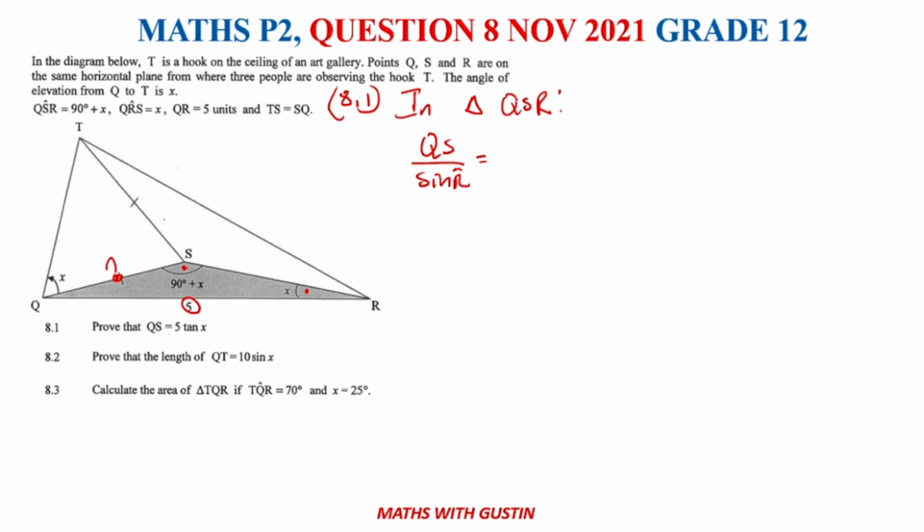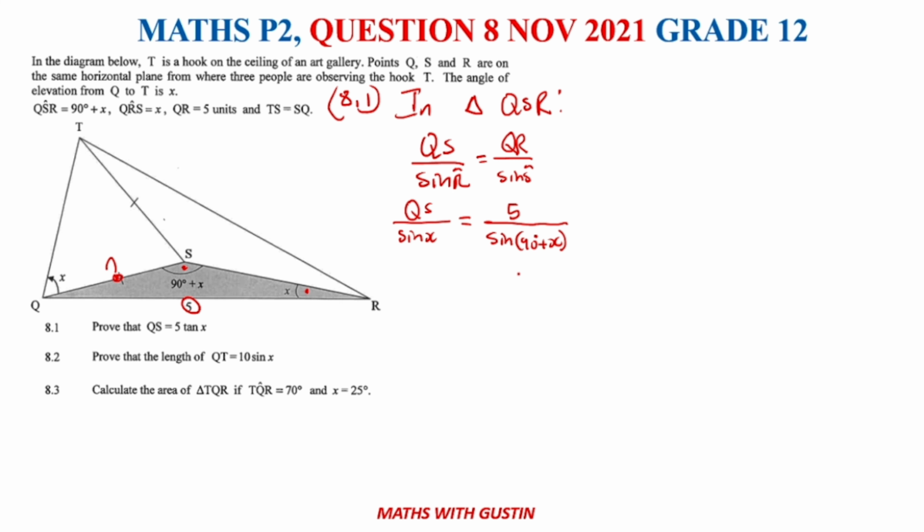We've got a side and also an angle. We've got a side here, 5 units, and angle S. So therefore we can say QR over sine S. Now let's substitute. We are looking for QS over sine R, R is equal to sine X, is equal to QR, it's 5 units, over sine of (90 plus X).